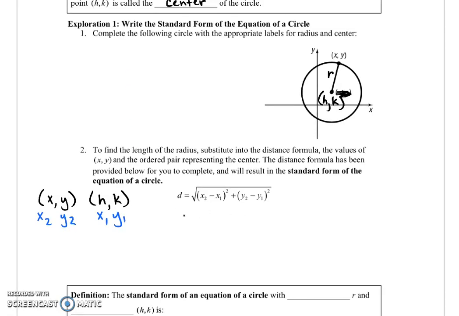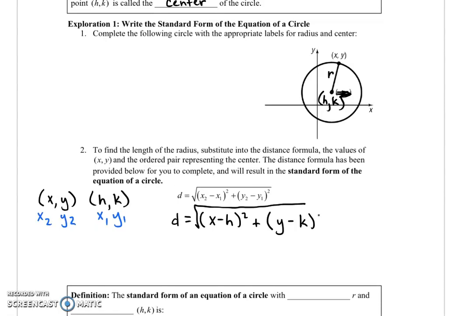Now we substitute into the distance formula. The distance equals the square root of (x minus h) squared plus (y minus k) squared. And we should call that the radius.